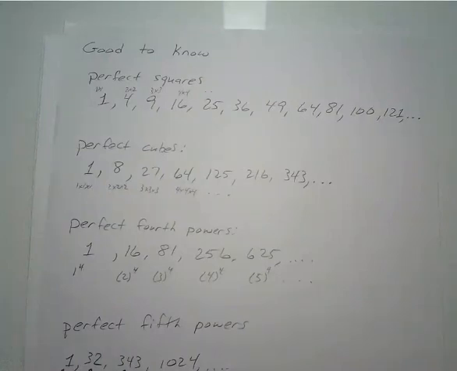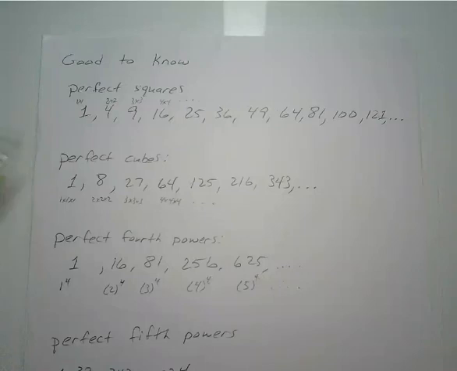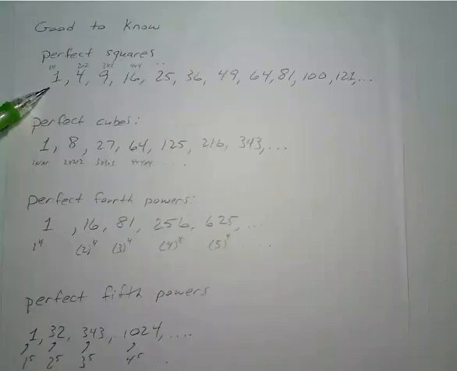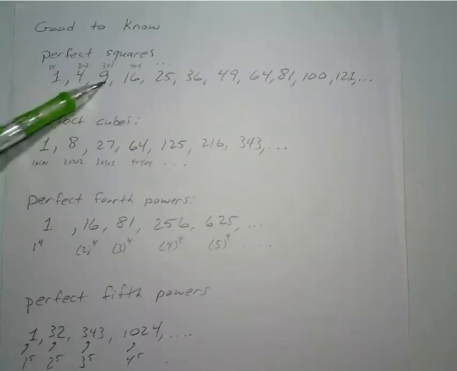So you have 1, which is 1 times 1, 2 times 2, 9 is 3 times 3, 4 times 4, 5 times 5, 6 times 6, 7 times 7, all the way down to 11 times 11. 144 is 12 times 12. It's good to at least be able to look at them and recognize them.